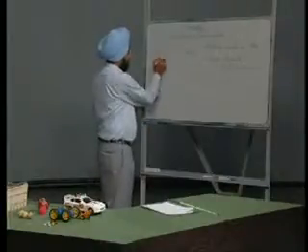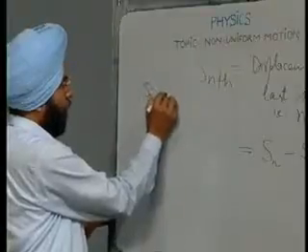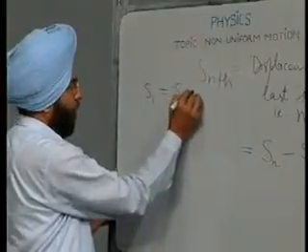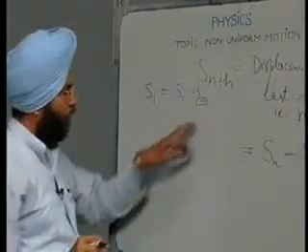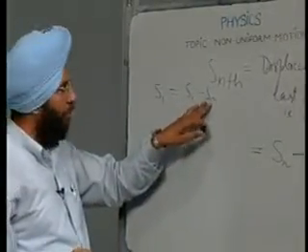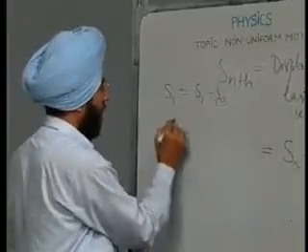We can say S 1th is equal to S 1 minus S 0. S 0 is the distance travelled by the body at rest when we had not even started our clock, so this is 0.